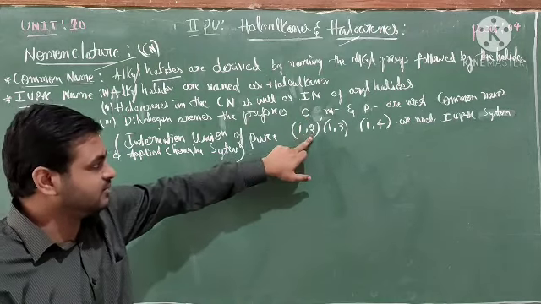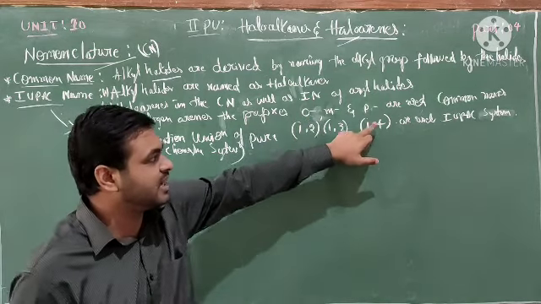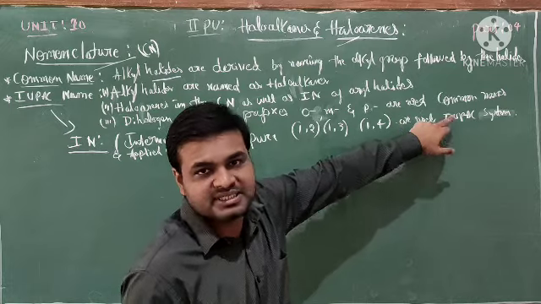In the IUPAC system, ortho is written as 1,2, meta as 1,3, and para as 1,4.